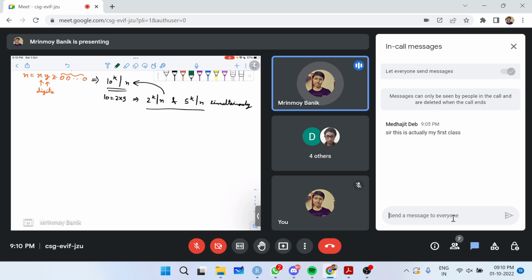So what is the general way to find the number of factors of, say, a prime p in n? By the way, this is the notation for the number of.